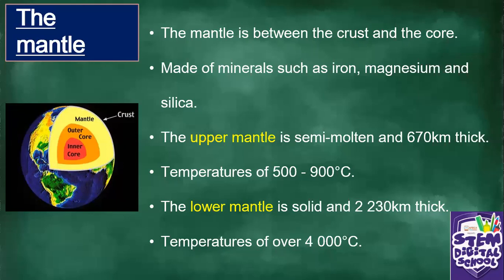What does it mean to be semi-molten? Does anyone know the meaning of semi-molten? It means half liquid, half solid. Half liquid, half solid. And it is 670 kilometers thick.